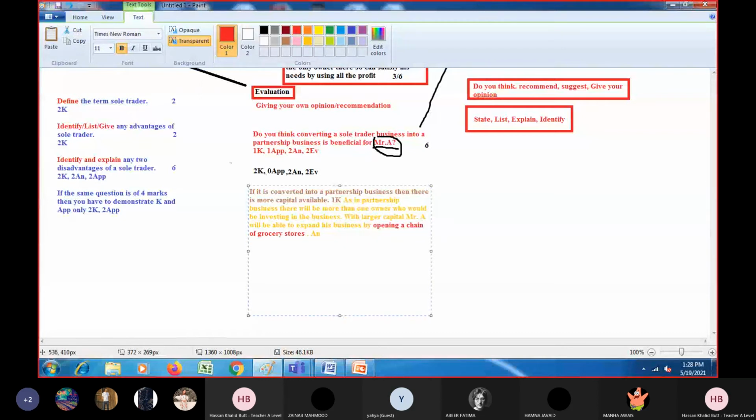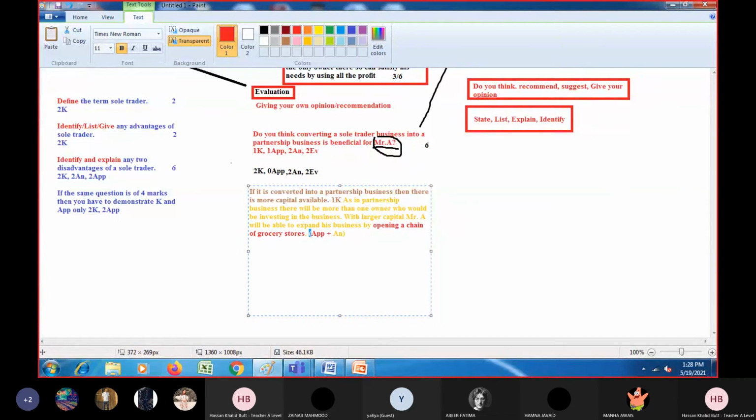So I'll write, this is application. Let me just color it with red so that you can understand that the red part is application. But as I told you earlier, application and analysis come side by side. They are used together, right? So you might not find them separately, or you cannot write them in your answer separately. You have to use them together while developing your point.